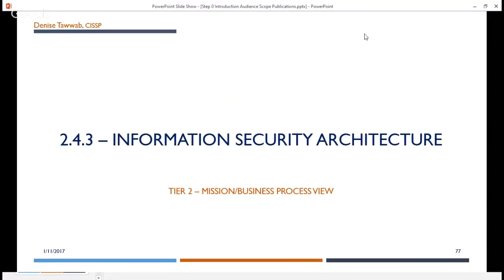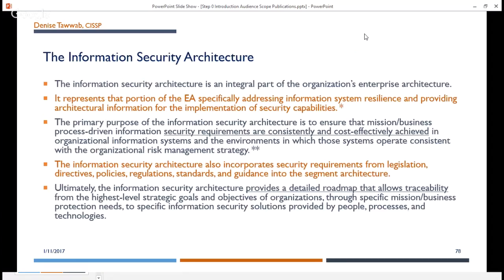Okay, we talked about enterprise architecture. Next up is information security architecture. We're still at tier 2, mission business process view. Okay, the information security architecture is an integral part of the organization's enterprise architecture.